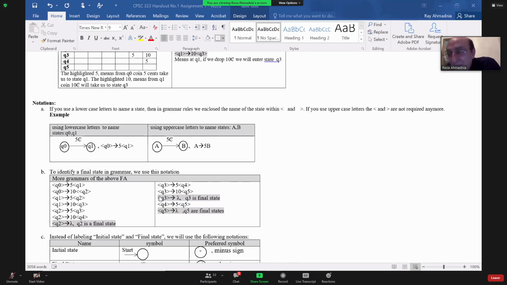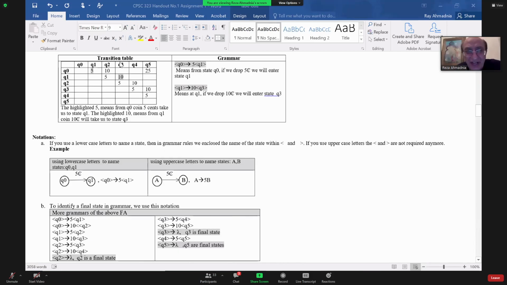Kavita, any question, ma'am? Professor, the sequence matters a lot, right, while converting the transition to the grammars? Yes, in the transition table I have to write who the final states are. Here I don't have to.